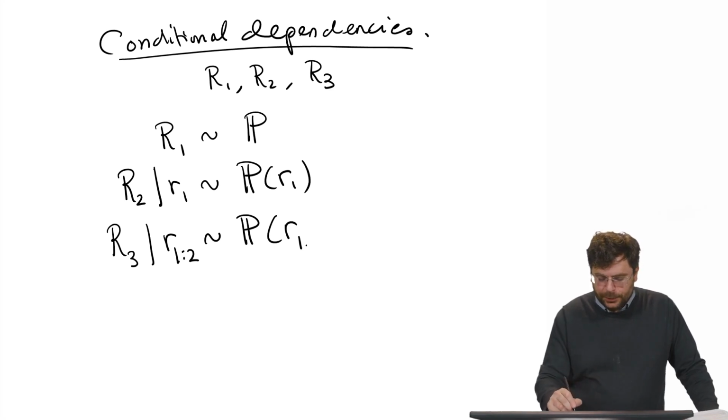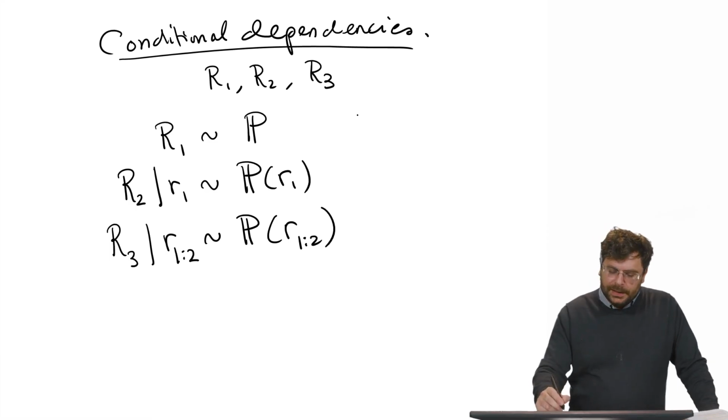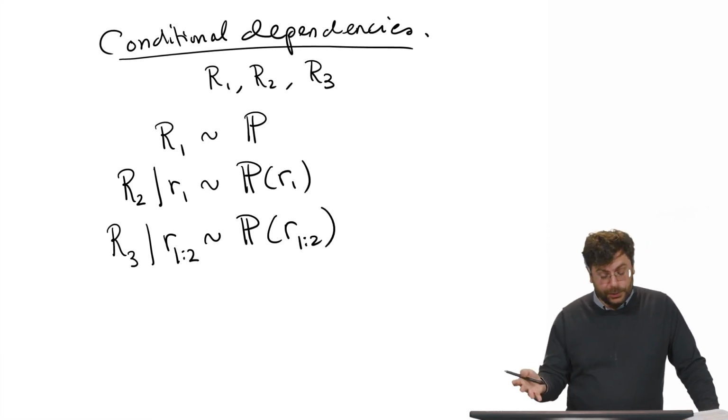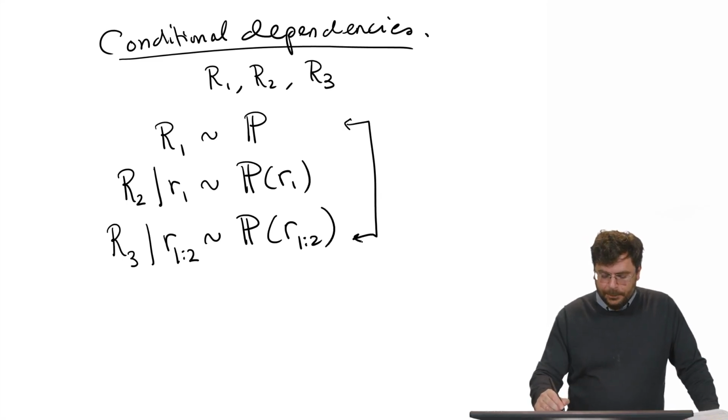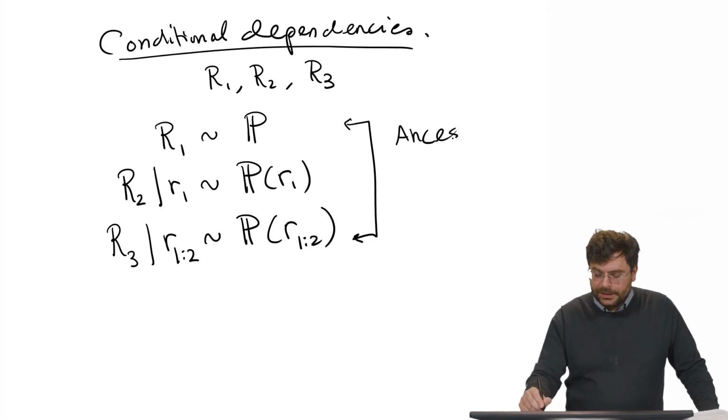And now this new distribution depends on R1 and R2. So when I'm drawing samples from a joint distribution, it's often convenient, if I can, to write out the distribution to perform the sampling in this particular form. This type of sampling is called ancestral sampling.